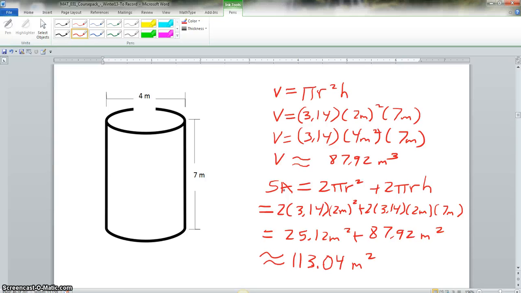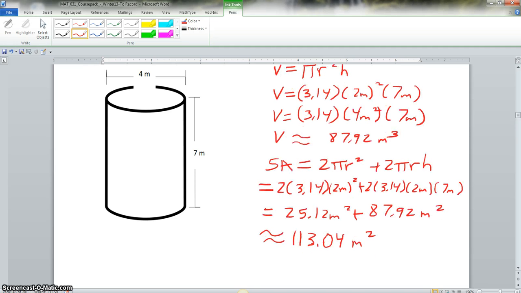And then when we take 2 times 3.14 times 2 meters times 7 meters, that would give us 87.92 meters squared. And then we add these two values together, and it will give us approximately 113.04 meters squared. And that is it for this problem.